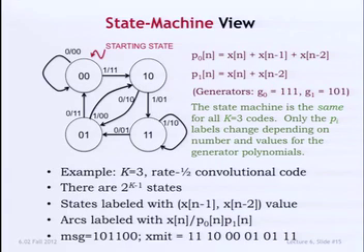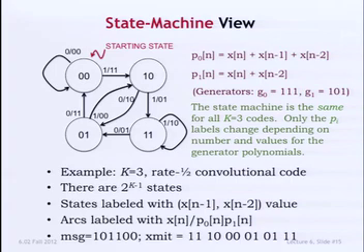Okay, so how do I read a diagram like this? I've got a circle for each state that the shift register can be in. So the shift register can be in 0, 0, 0, 1, 1, 0, 1, 1, right? Each of these arcs represents a transition from one state to another.